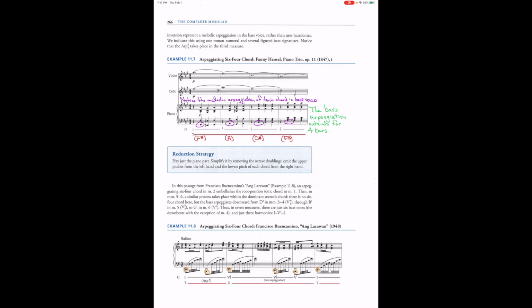Now, if you look carefully at the purple notes I've circled in that bass line: F sharp, next bar A, third bar C sharp, and the last bar, first bar F sharp, second bar A, third bar C sharp, and the last bar F sharp. So the bass arpeggiation extends itself over a 4-bar span.